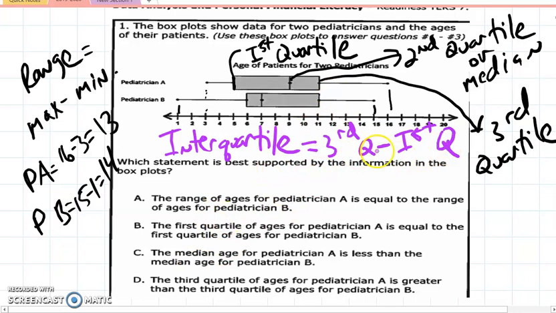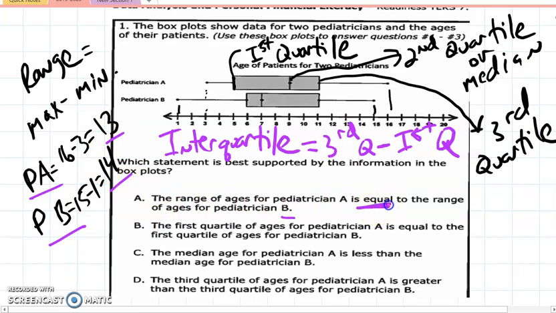So let's look at the question. Which statement is best supported by the information in the box plots? The range of ages for penetration A is equal to the range of ages for penetration B. Well, we have the range right here. Are they the same? We can see they're not. One's more than the other.